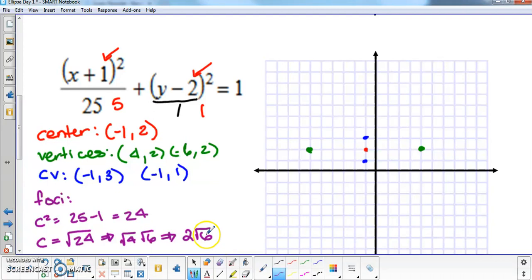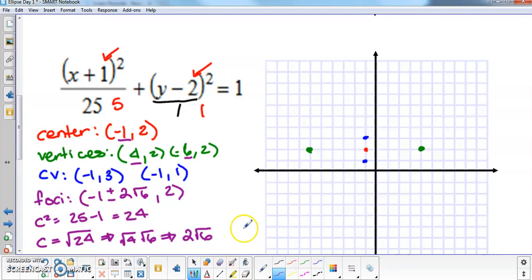So now I've got to figure out the foci. Obviously horizontally is which side is bigger, and I can tell that here because my bigger number is underneath the x. So the one that's going to be changing is my x value. So I'm going to take that x value from my center, that -1, and I'm going to go plus or minus c, which we found to be 2 square root 6, and I keep the 2.